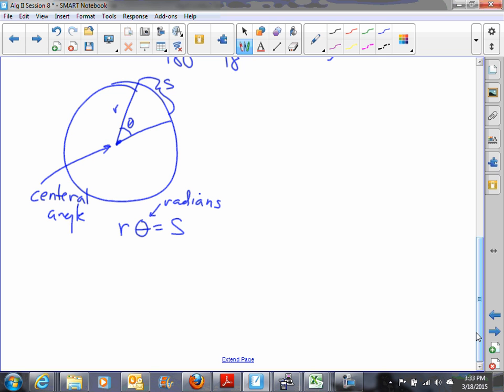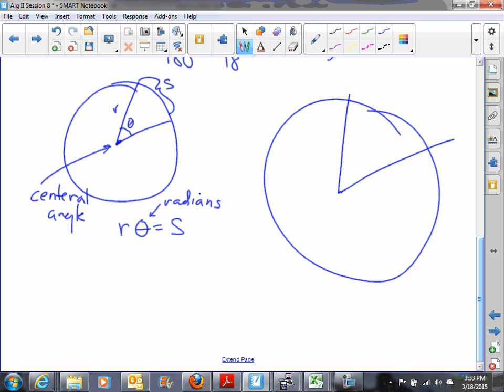So if we wanted to know, for example, we've got a circle, and let's say we have a central angle of pi over 8 radians, and let's say the radius is 16, and we want to know the length of this arc.